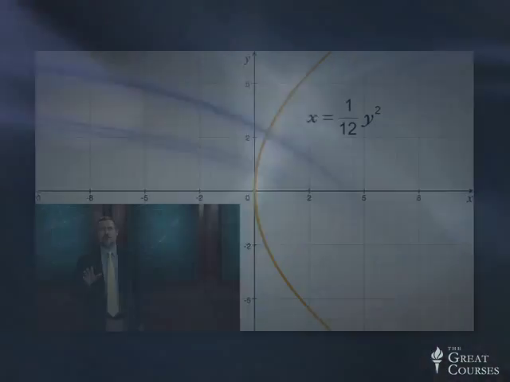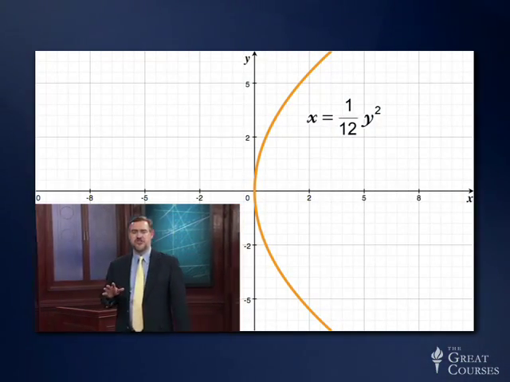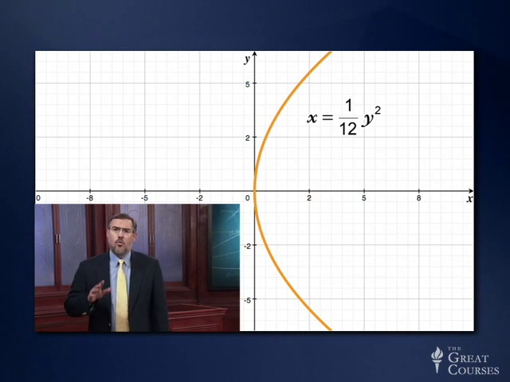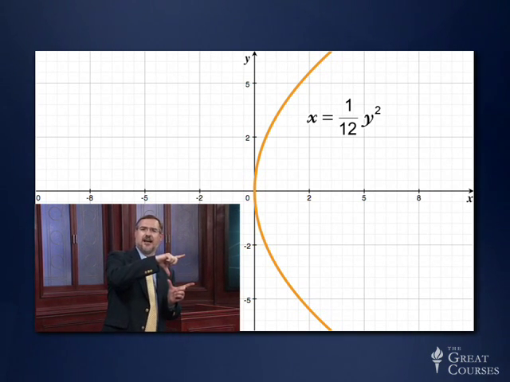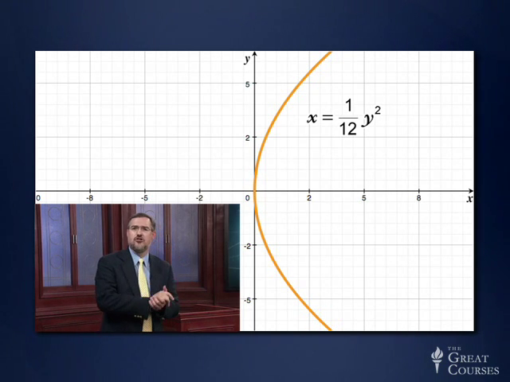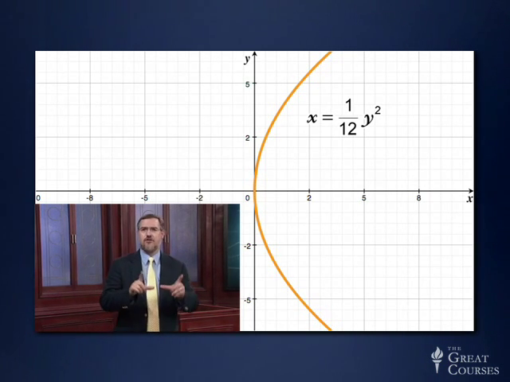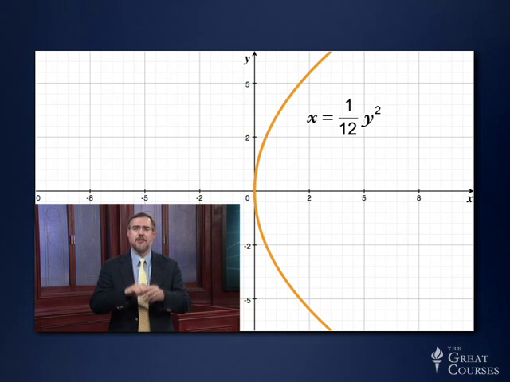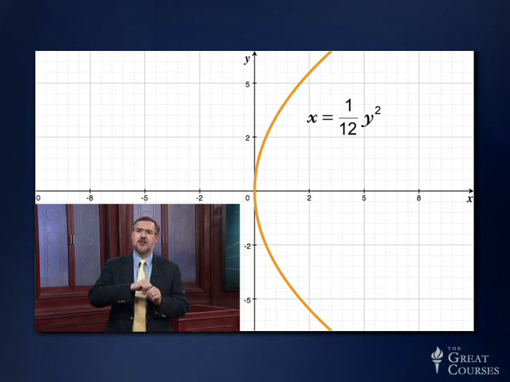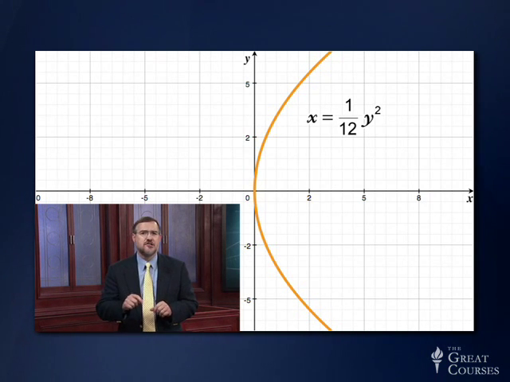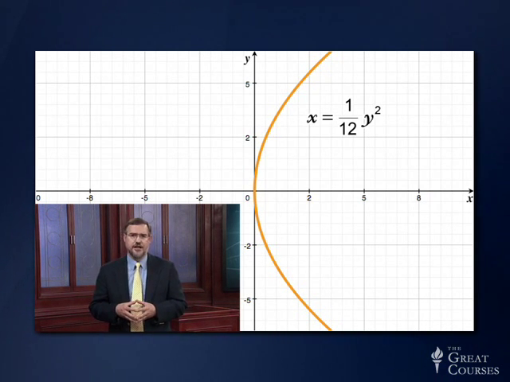Now, let me make one other comment about the two examples I just showed you. One of those parabolas was sitting, as I like to call it, on its side, and that parabola, you need to notice, is very different from the parabolas that are pointing up and down. The parabola sitting on its side fails what we call the vertical line test.